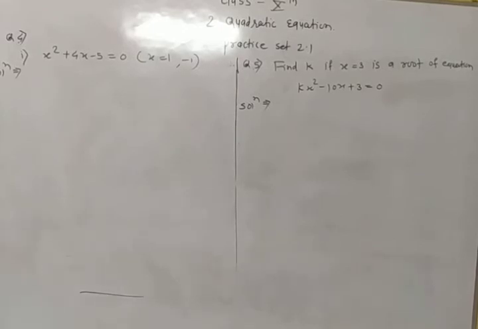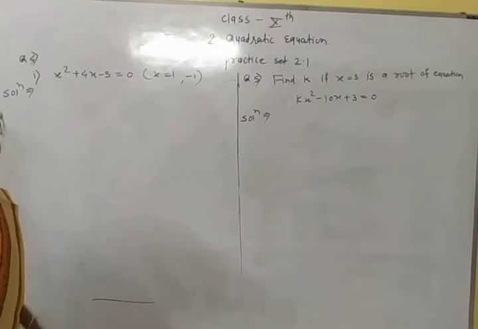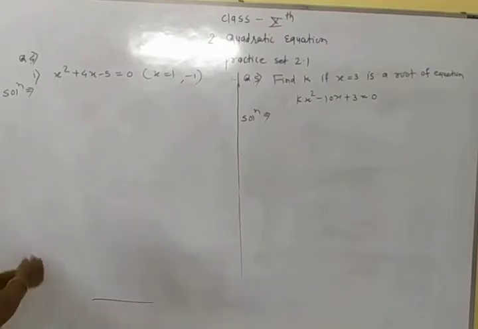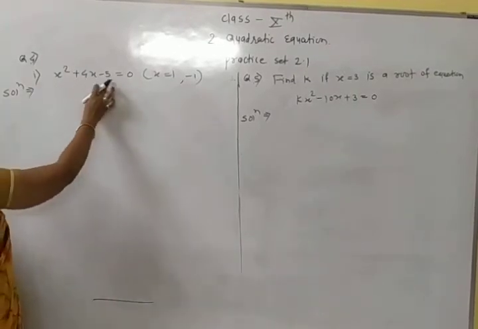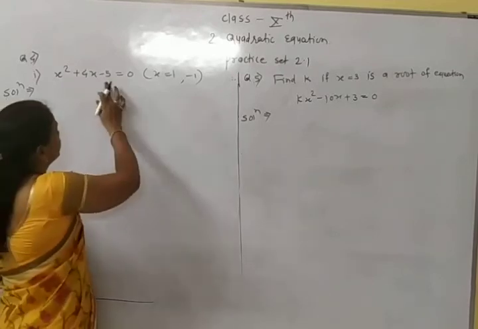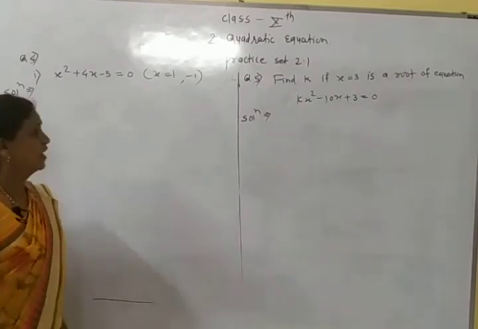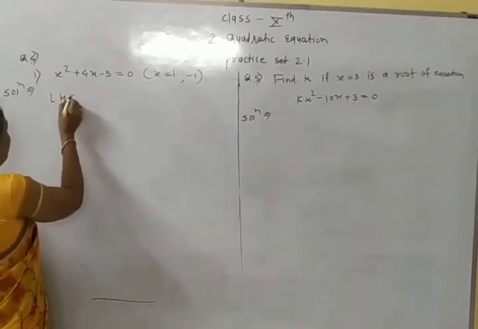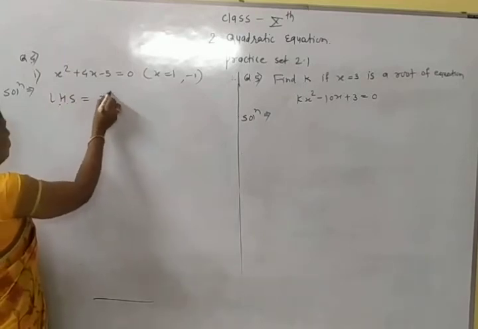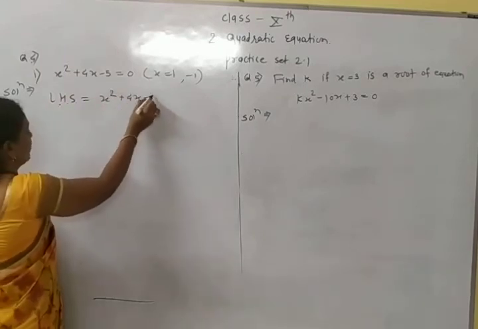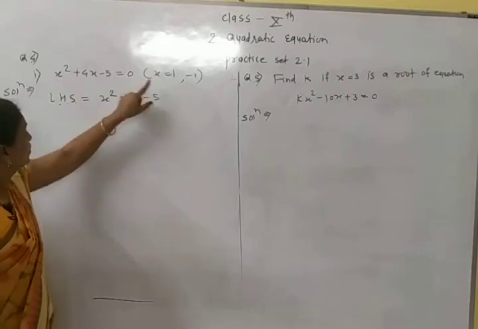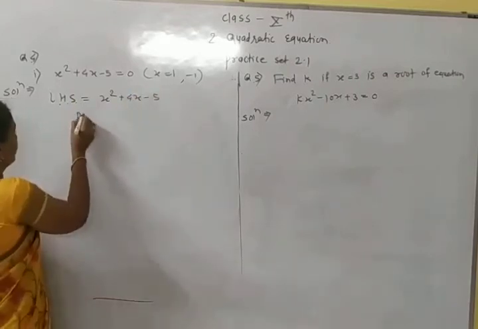Okay. In the fourth problem, x square plus 4x minus 5 equal to 0. In this equation, put x equal to 1 and minus 1. Therefore, LHS equal to x square plus 4x minus 5. Put x equal to 1.